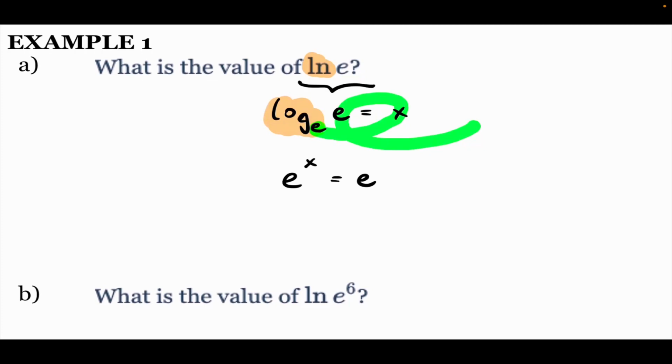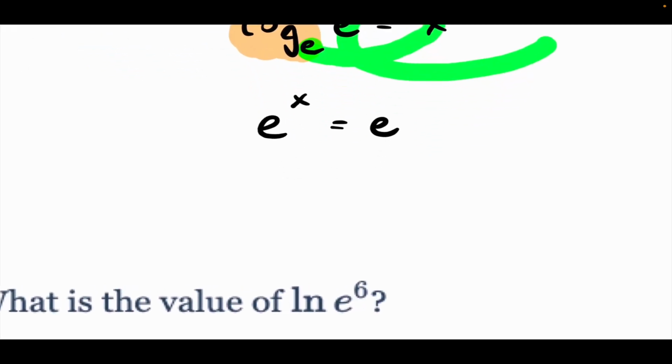I just swapped them around. Instead of a log, I put the base over here, e. Put the answer over here, also e. Put the exponent up here, x. So now this guy has a power of x.